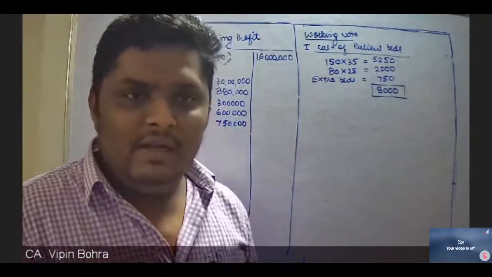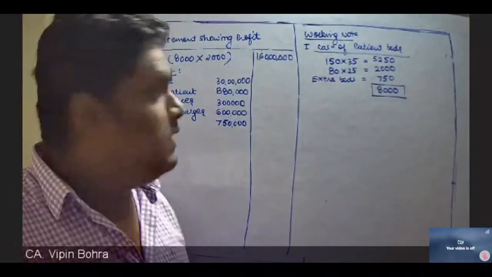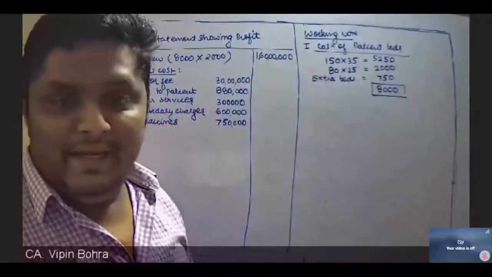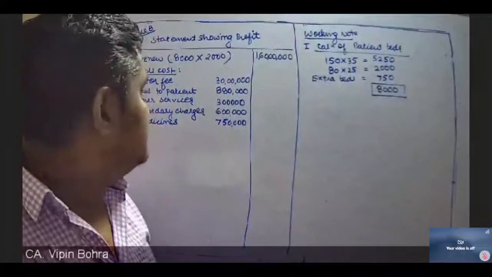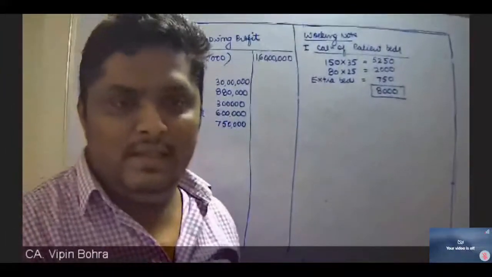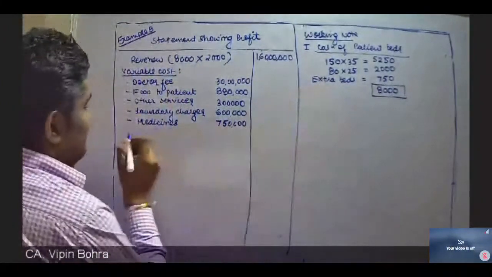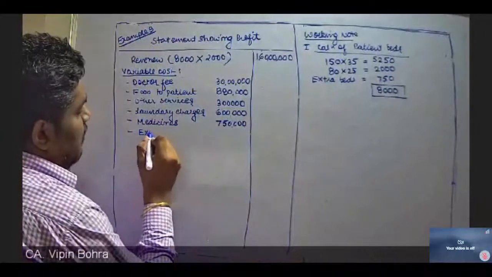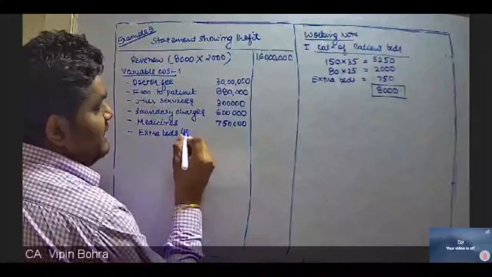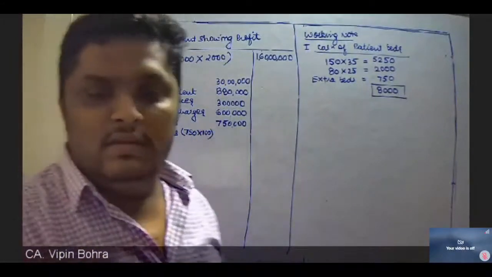I hope we are done with all the variable costs. We are done with doctor's fees. Then food to patient 8,80,000. Other services 3 lakh rupees. Laundry charges 6 lakh rupees. And last, medicines 7,50,000. Yes, extra beds. How many extra beds? 750 into per bed charges 100 rupees.